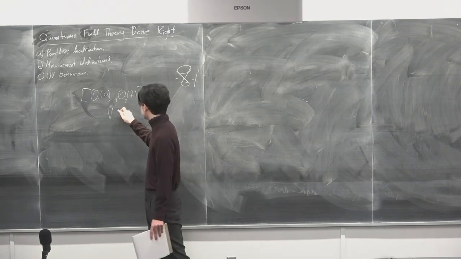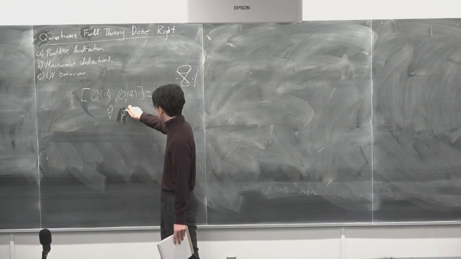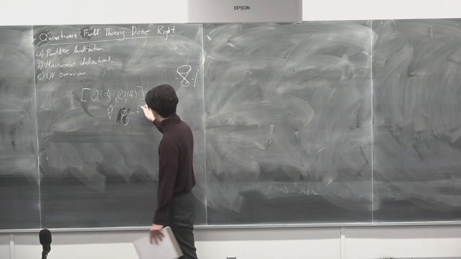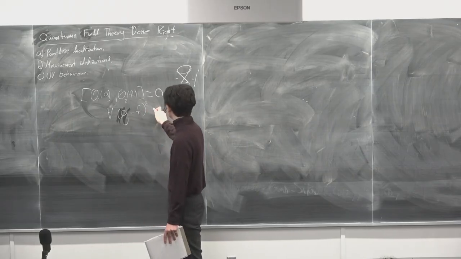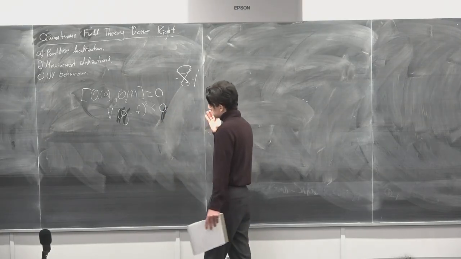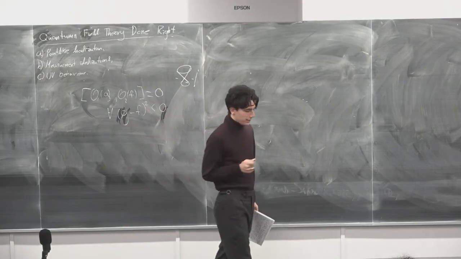I'll just write it for all G minus F squared is less than 0. So this will allow us to hopefully not get superluminal signaling outside of the light cone.